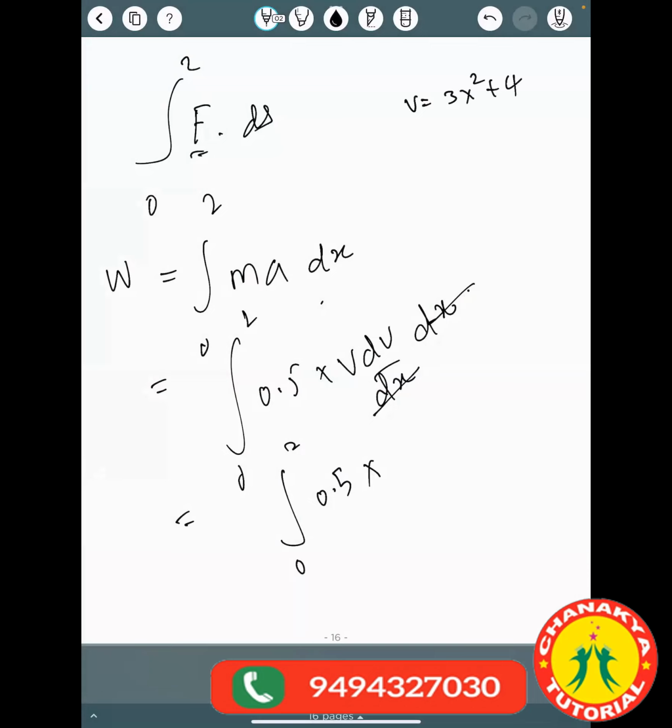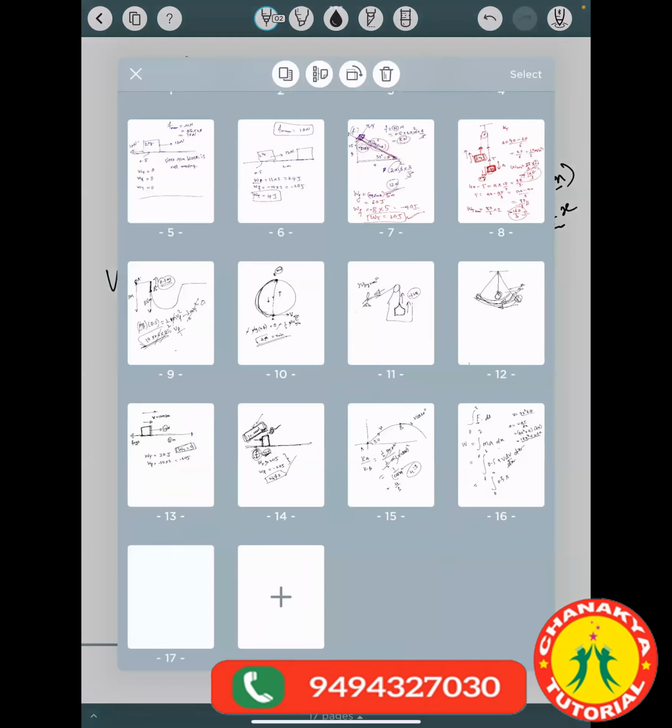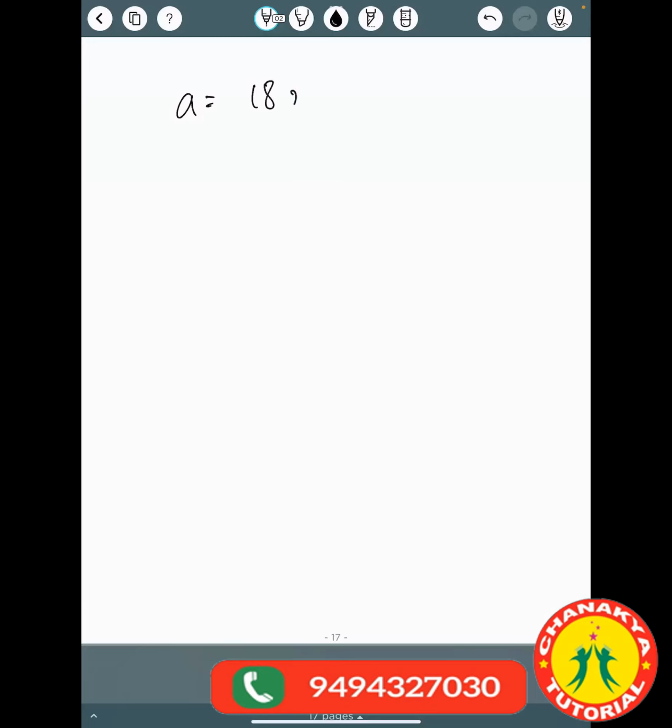I want to calculate acceleration. So acceleration is v dv by dx. Let us calculate: 3x square plus 4 into differentiation of this, which is how much? 6x. Multiply 6x into this: 18x cube plus 24x. Correct, guys? This is my acceleration. So acceleration is equal to 18x cube plus 24x.